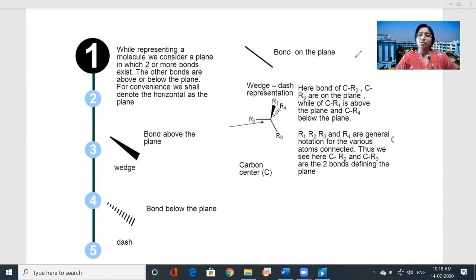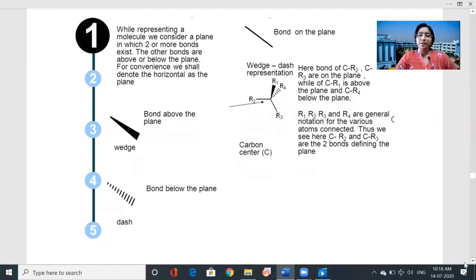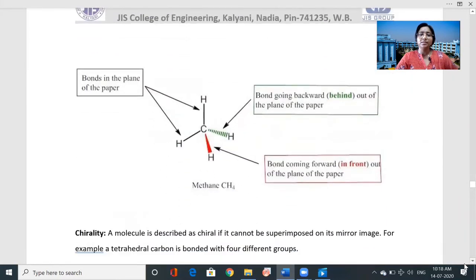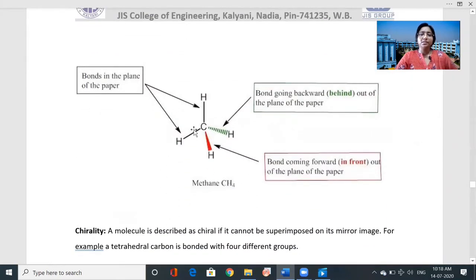Okay, so you have understood the representation here, and I'm showing you another similar representation. For methane, this is the carbon, and here you are getting these two solid lines, the hydrogen bound with the carbon. These bonds are in the plane of the paper.